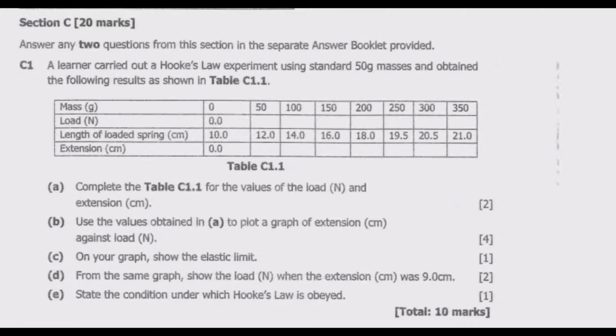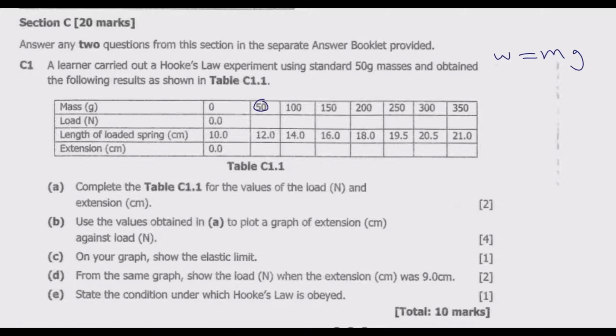To fill the table, what we're doing is basically just finding the load. Now the load is weight. Weight is given by the product of mass and gravity. The mass should be in kg, but this is in grams, so we need to convert this to kg.